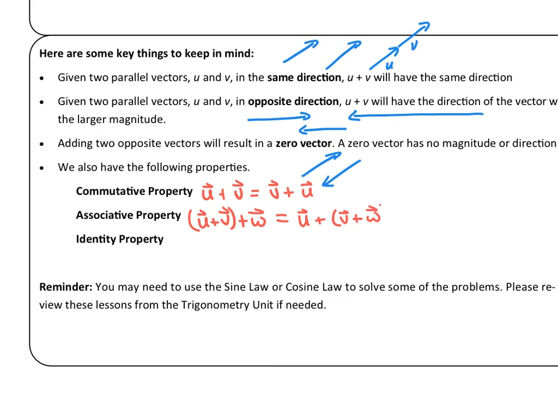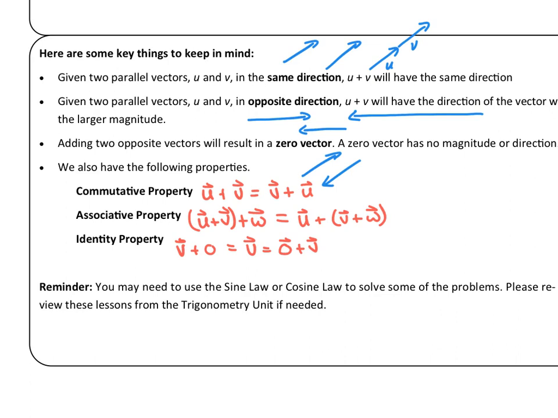So again, it doesn't matter what order you add them in, you're still going to get the same answer. And the last thing is our identity property, which just says that if you have vector v plus a zero vector, you're going to get v back, which is also equal to the zero vector plus v. So if you add a zero vector to it, you're just going to get the same thing back.